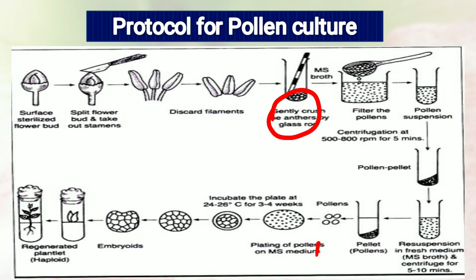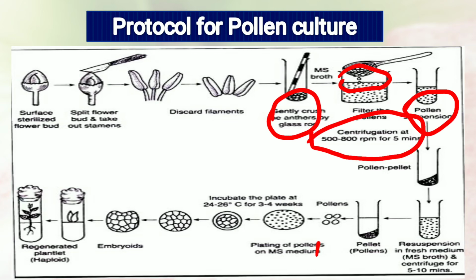The homogenized anthers are then filtered through nylon sieves to remove the anther tissue debris. The filtrate or pollen suspension is then centrifuged at 500 to 800 revolutions per minute, RPM, for 5 minutes.